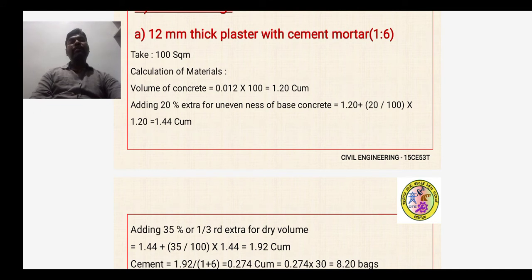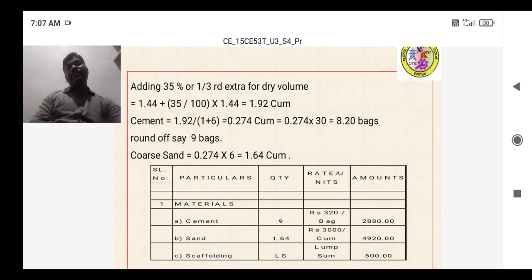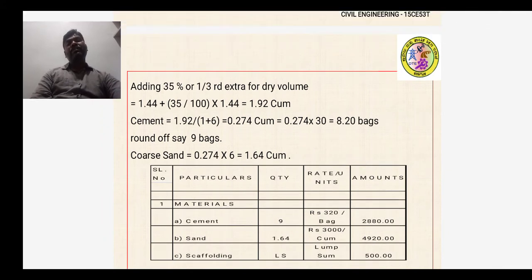Adding 20% extra for unevenness of the base: 1.2 plus 20 divided by 100 into 1.2 is equal to 1.44 cubic meter. Adding 35% extra for dry volume: 1.44 plus 35 divided by 100 into 1.44 is equal to 1.92 cubic meter.